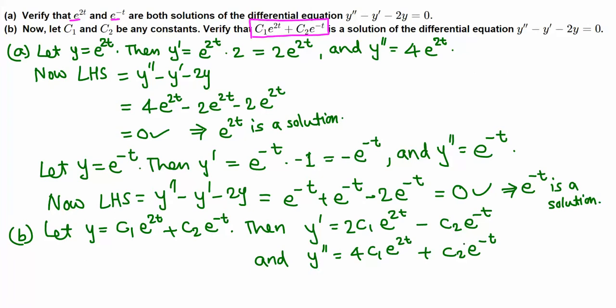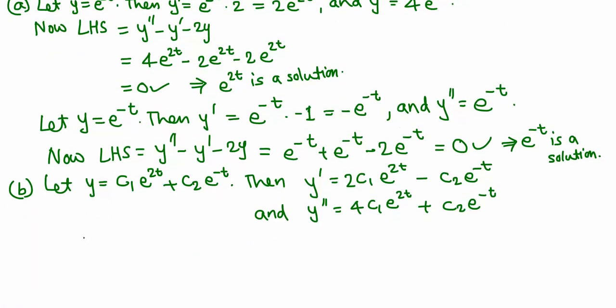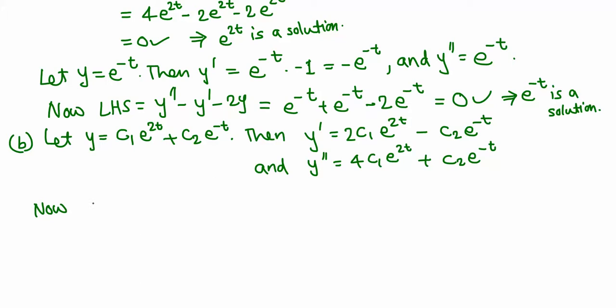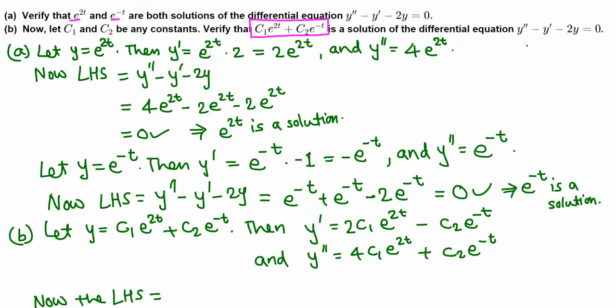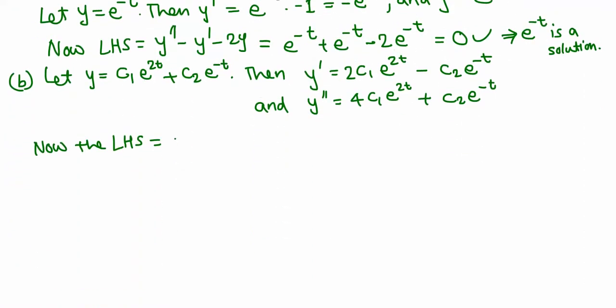Now we are going to plug these into the left hand side of the differential equation. What is the left hand side? That's y double prime minus y prime minus 2y. Y double prime we found here: 4c1 e raised to 2t plus c2 e raised to negative t, minus.